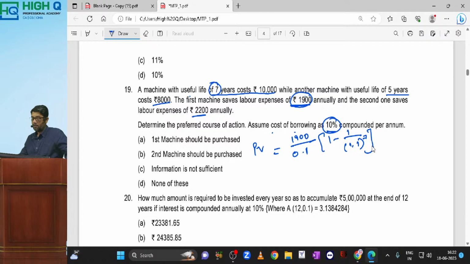Now let us find out this: 1.1 whole power 7, then 1 minus 1 divided by it, into 1,900 divided by 0.1. I get 9249.9.